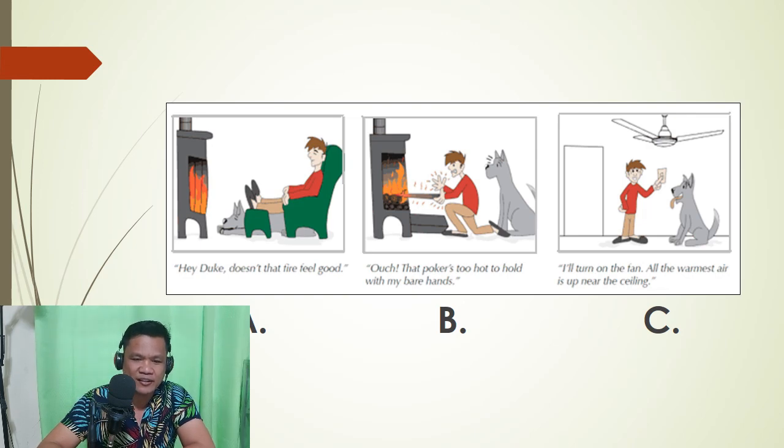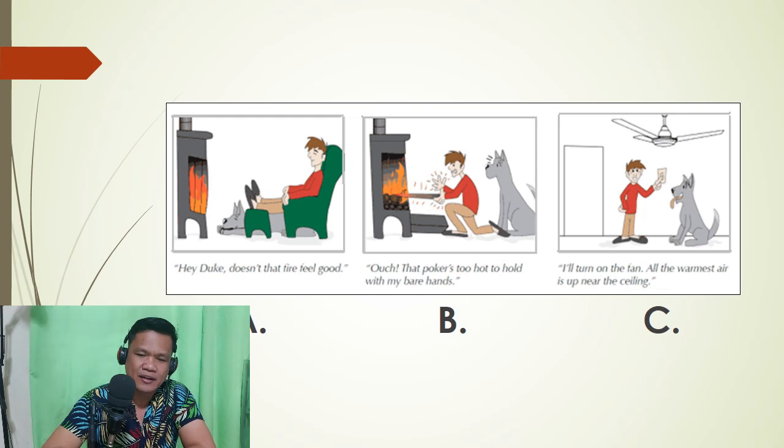Okay, very good. It's letter B. Conduction, because that boy is holding on to that hot object. There is a direct contact between two objects. Okay. Now, which of these pictures is convection? Very good.